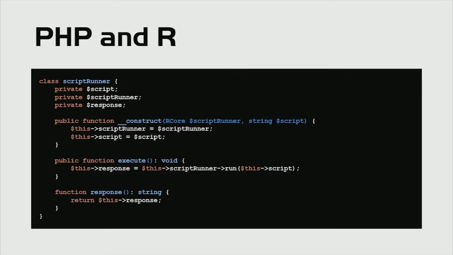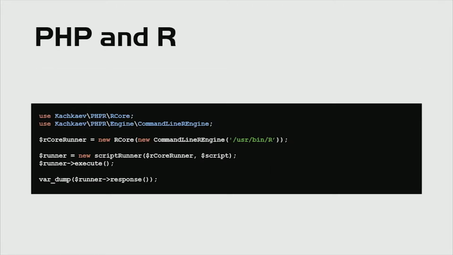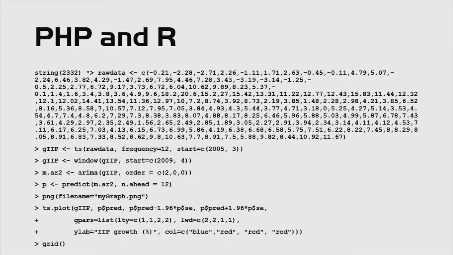So my script builder, keep it the same, modify the script runner so that I'm injecting the PHPR library's RCore object, which is the actual runner, and then that is my code to actually execute it. Var dump the response. It's an improvement. It gives me a string of output.